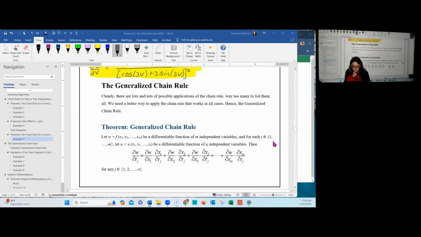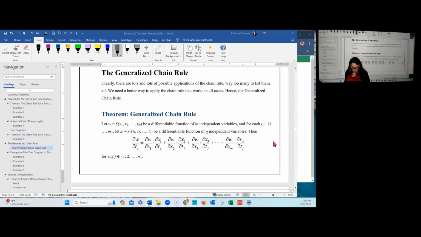Let's now talk about the generalized chain rule. The generalized chain rule says, what if you have a function of multiple variables, say up to m independent variables, and that each of those m independent variables are also functions of up to n different independent variables. In this case, we give up on different letters and we use subscripts to represent the different ones.